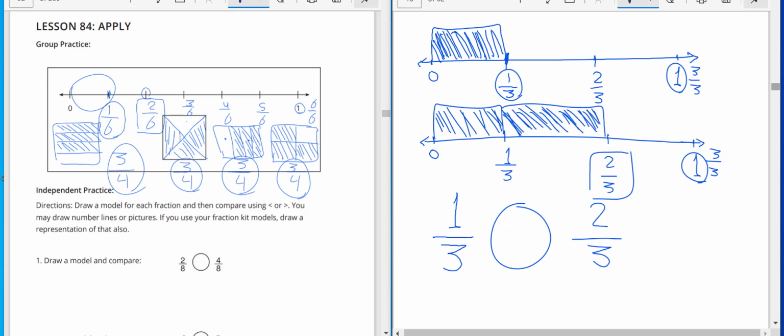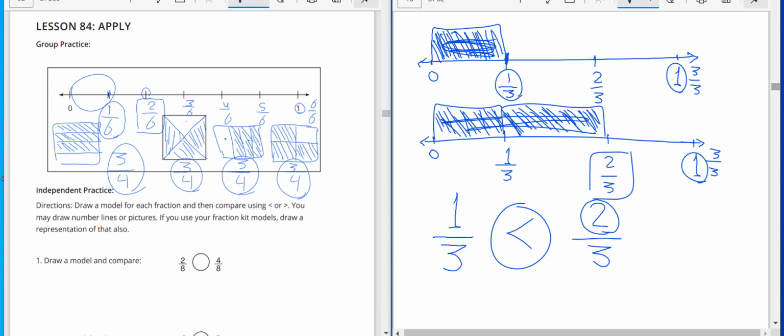Which is the greater part, 1/3 like this or 2/3? 2/3 is more than 1/3. So 1/3 is less than 2/3. Note that when comparing fractions with the same denominator, the one with the greater numerator is greater.